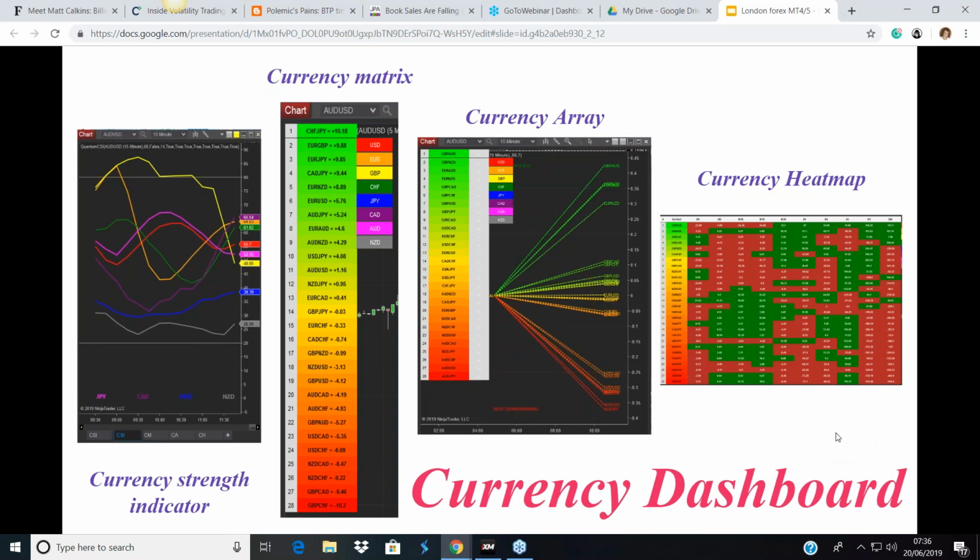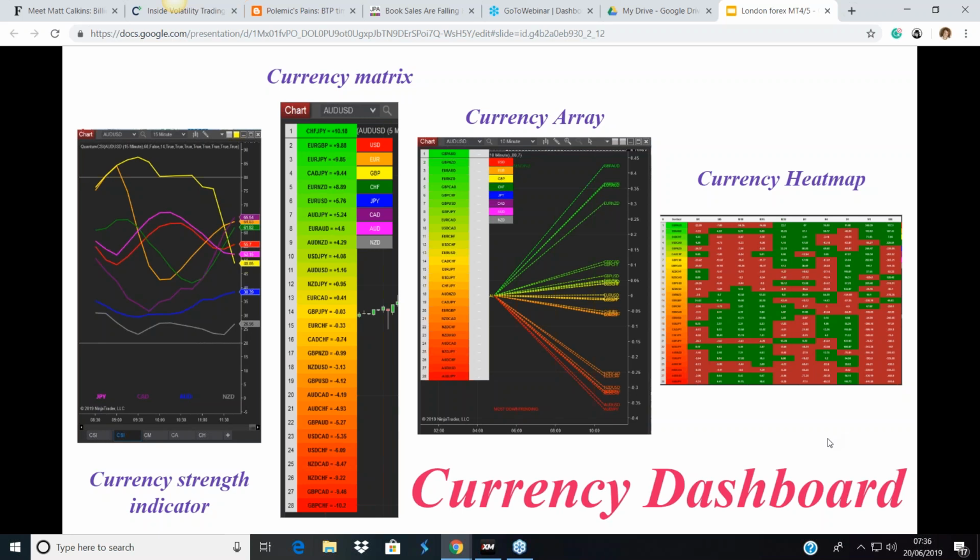I've actually got some trades going on at the moment. I've had them going since 6 o'clock this morning. I've only used 2 of the indicators: the currency strength and the matrix. I just wanted to show you how, with just these 2, you can really pick out some fantastic trading opportunities. Both my trades involve the British pound. One is the pound yen, and one is cable.